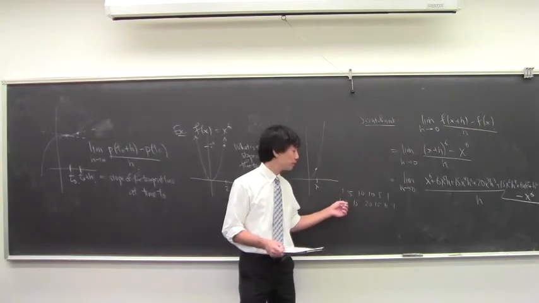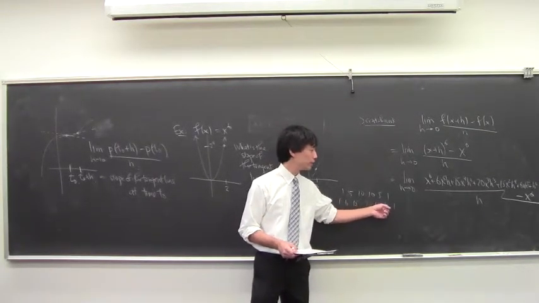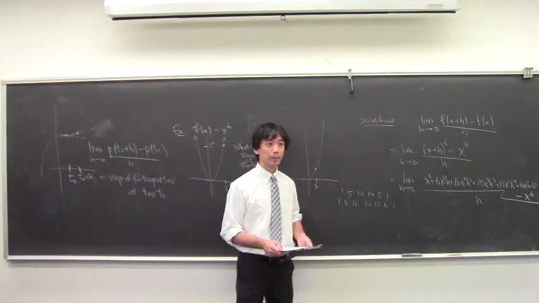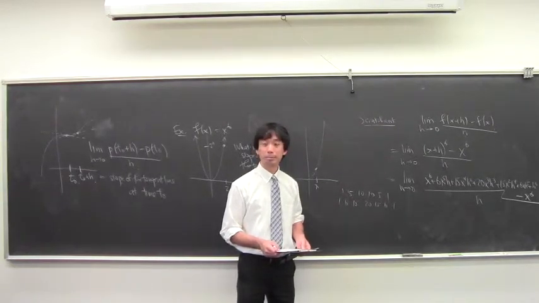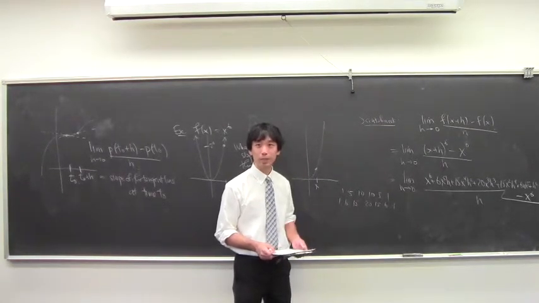Anyway, the coefficients are 1, 6, 15, 20, 15, 6, 1, via Pascal's triangle.